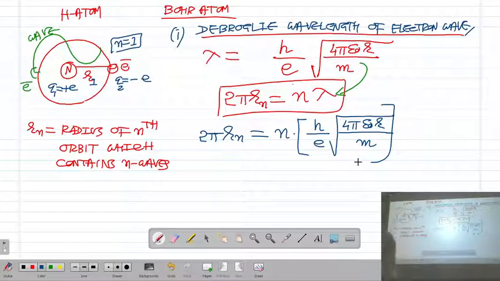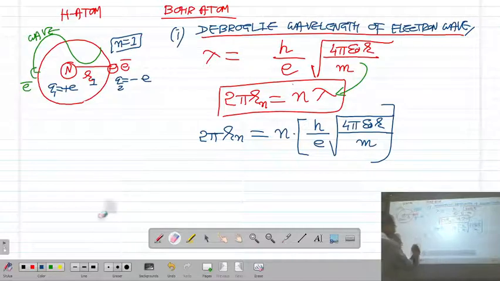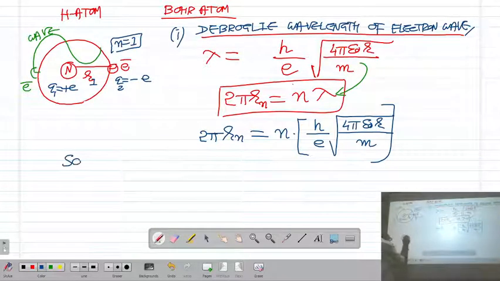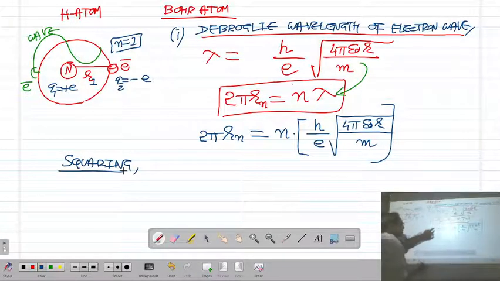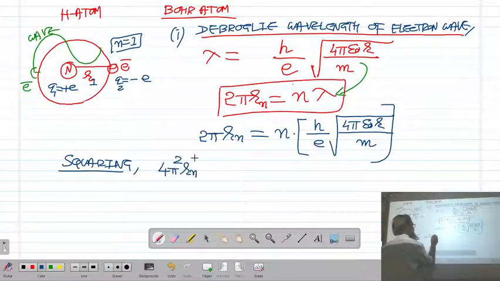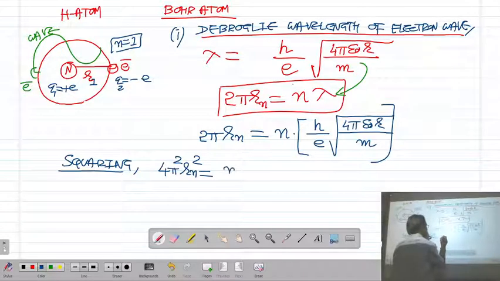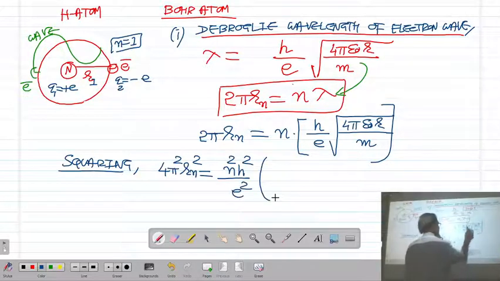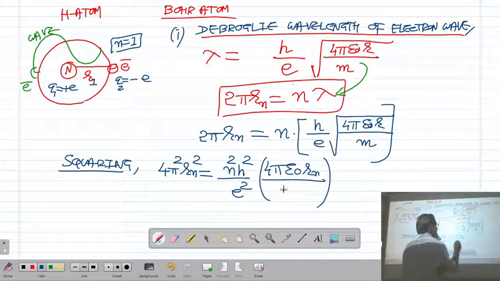If we square both sides, the square of 2 pi rn will be 4 pi square rn square, which is equal to n square h square upon e square, and under this will be 4 pi epsilon 0 r upon m.